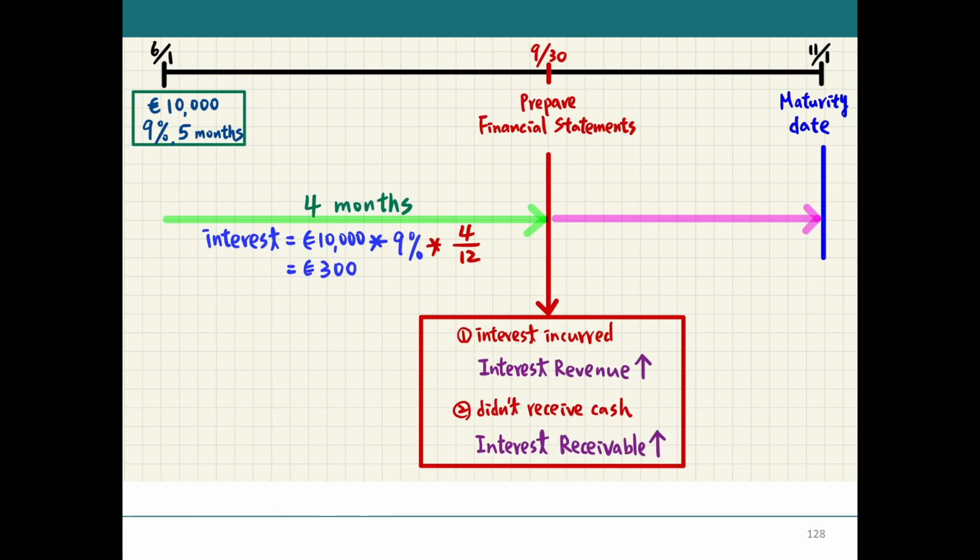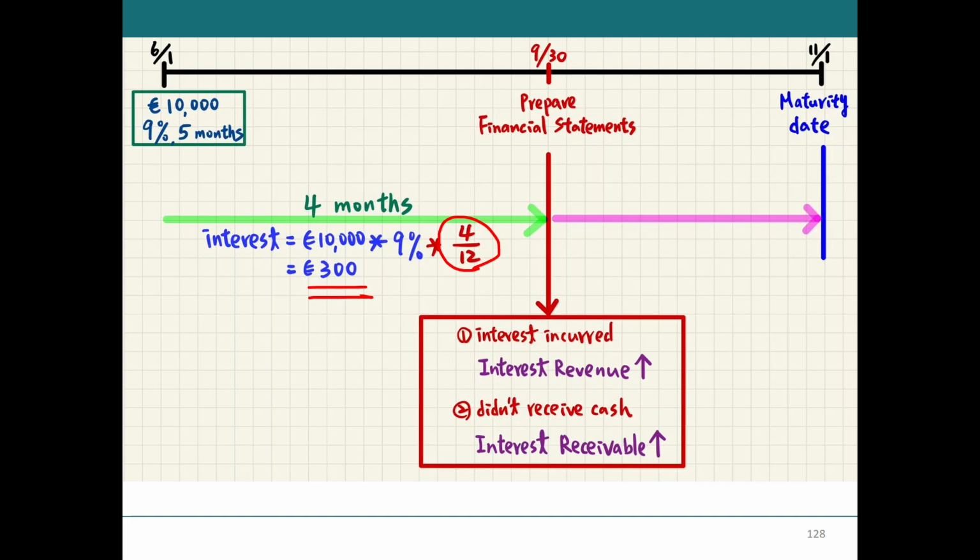So on slide 128, what happened? 4 months of interest incurred. How much? Principal times annual interest rate times 4 months. Based on 4 months, interest is $300. Did you get the money yet? Not yet. So you should tell them interest incurred. You earn the interest, so interest revenue increases $300. Did you get it?